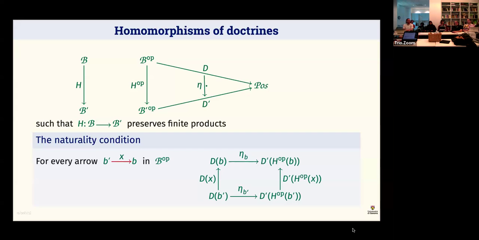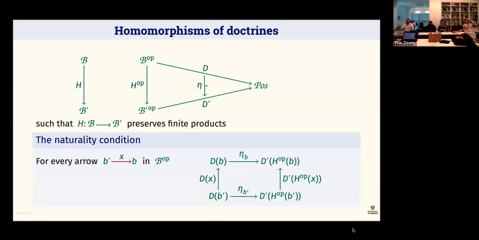D of B and D prime of B prime. So it's a natural transformation from D to D prime composed with H up. So it's a morphism, and I haven't drawn it there, so you do need to specify it.